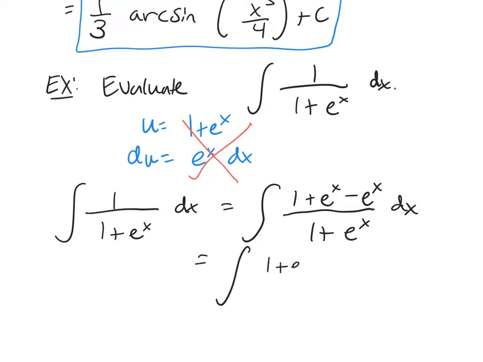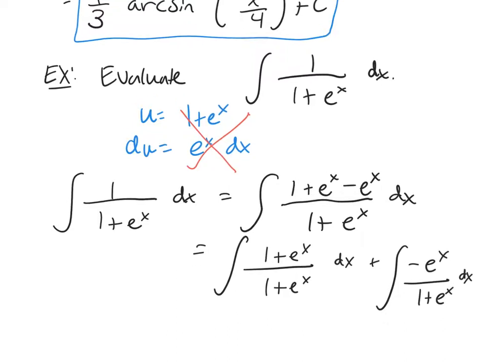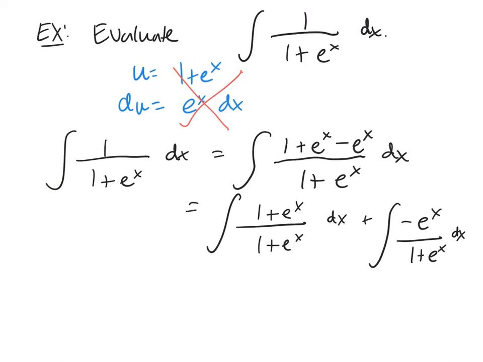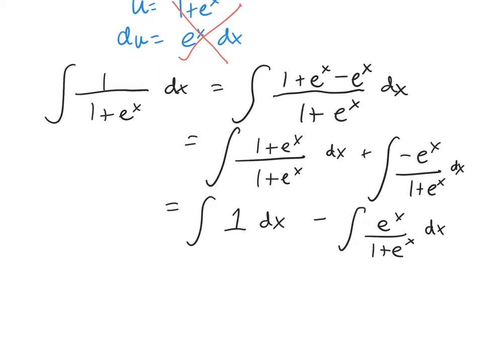I can split it up as the integral of 1 plus e to the x over 1 plus e to the x, and then the integral of negative e to the x over 1 plus e to the x. In that first fraction, the numerator and denominator are the same, so they cancel to become 1. I'm going to pull out the minus from the second integral. What's the integral of 1? Well, you get x back.